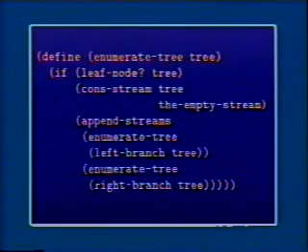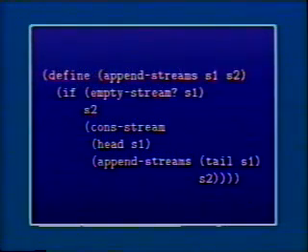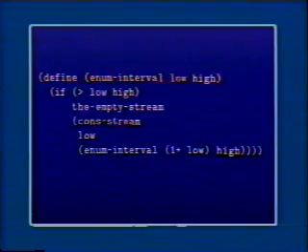And then append here is like the ordinary append on lists. You can look at that. That's analogous to the ordinary procedure for appending two lists. How would I enumerate an interval? This will take two integers low and high and generate a stream of the integers going from low to high. And we can make a whole bunch of pieces.